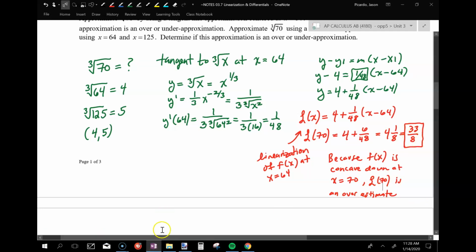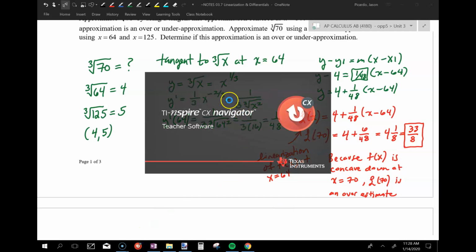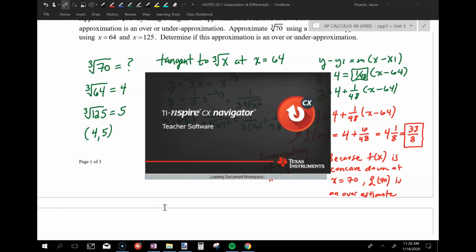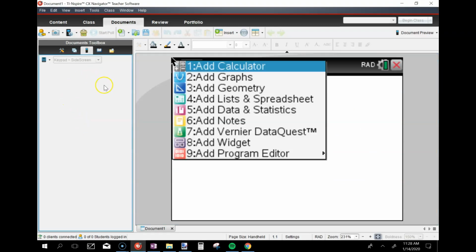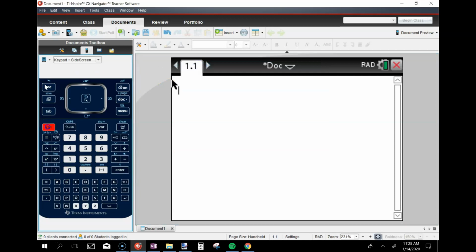So we have 33/8. Let's see how close we were. 4.125.